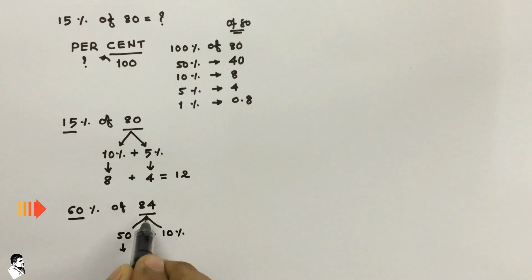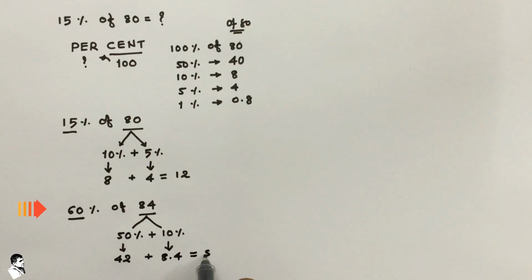So 50% of 84, that we know very easily, that is half of that, that is 42, plus 10% of 84, that is again 8.4, and the summation of that is 50.4. That is the answer.